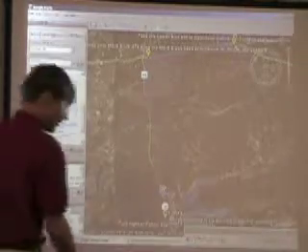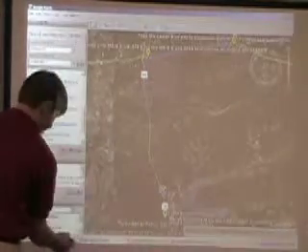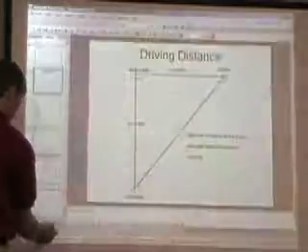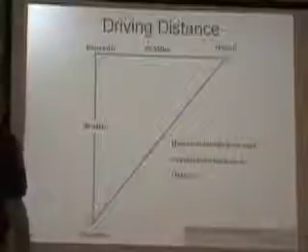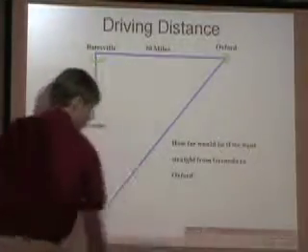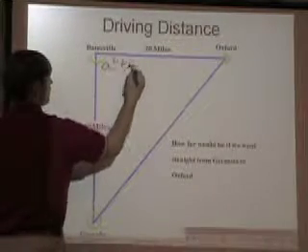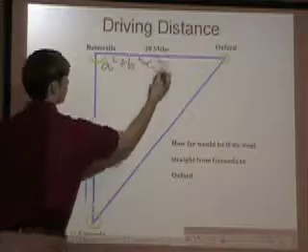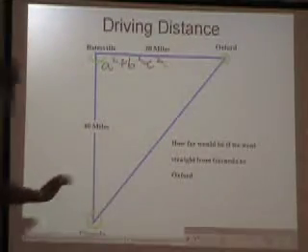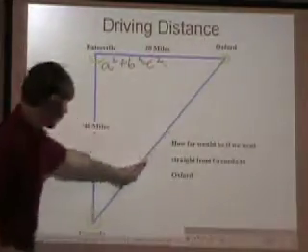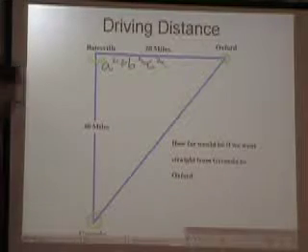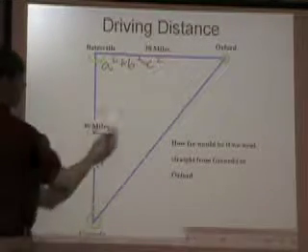Do you understand? Okay? So here's our problem. So now tell me what A would be, because I've got A squared plus B squared equals C squared, and we're going to use the Pythagorean Theorem to find out the distance from Oxford to Grenada. What's A, somebody? 40.